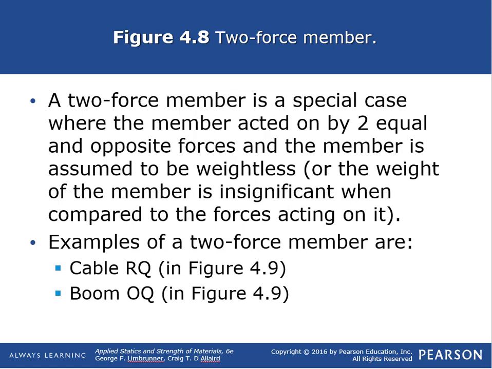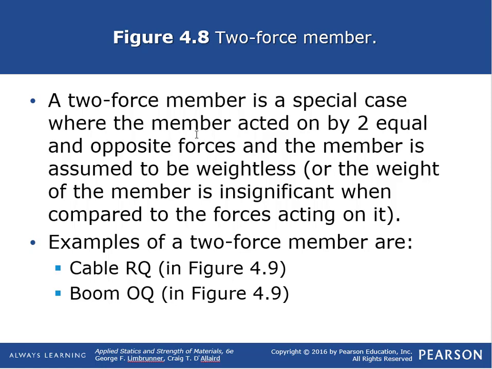If we can look at a statics problem and identify a member as a two-force member, it helps us to solve the problem. A two-force member is a special case where the member is acted on by two equal and opposite forces, and the member is assumed to be weightless, or the weight of the member is rather insignificant when compared to the forces acting on it.